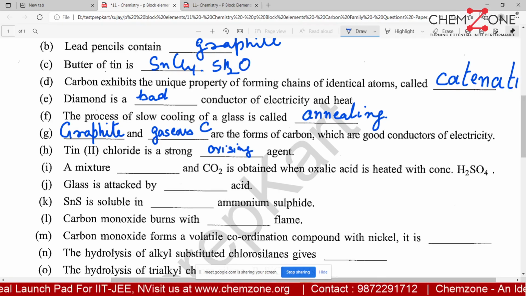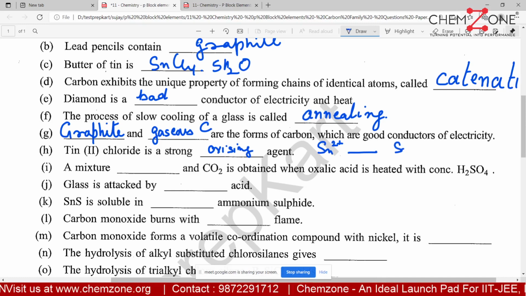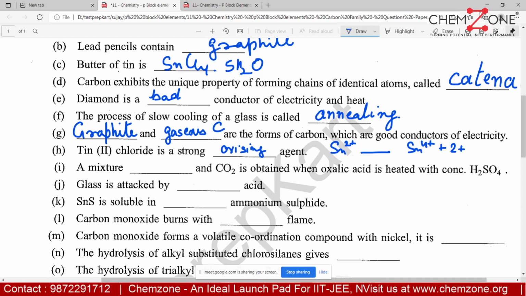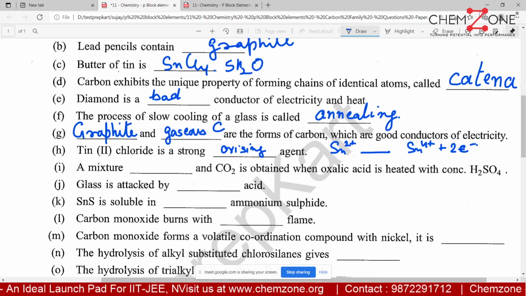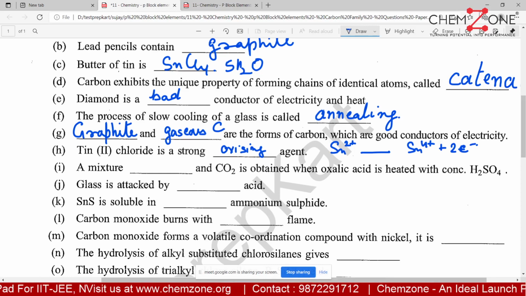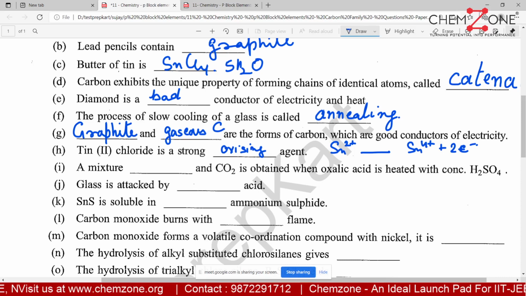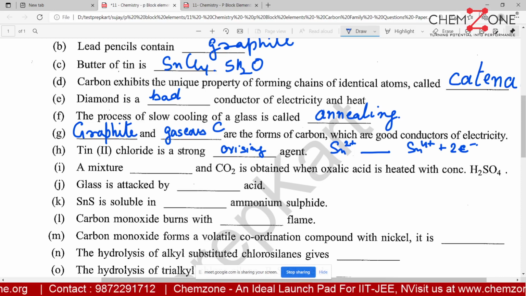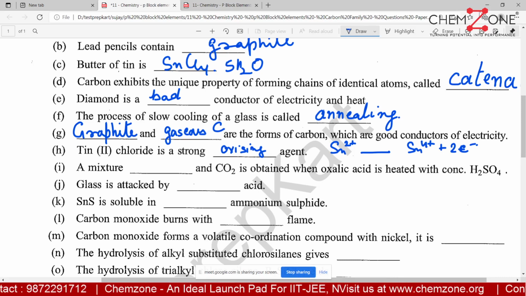See, tin 2 positive tends to lose two more electrons to become more stable. So it is a good oxidizing agent. Note it down.